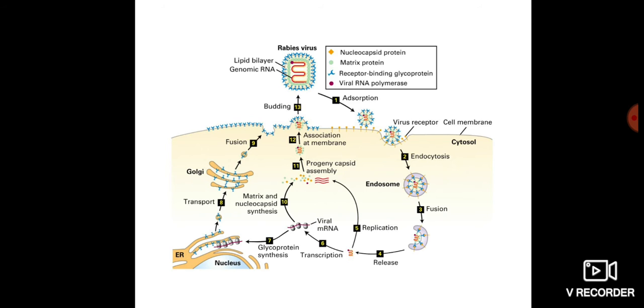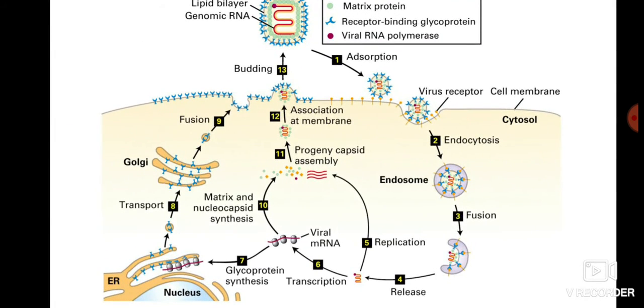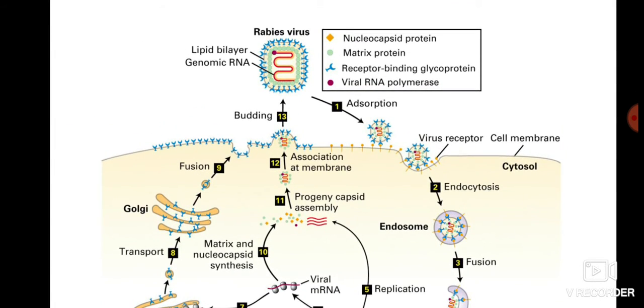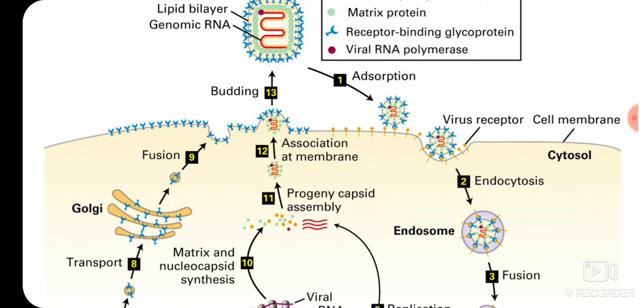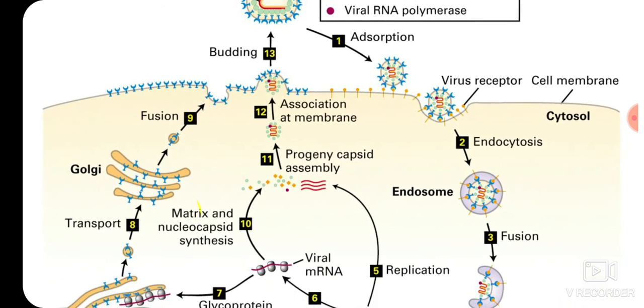So this is how the rabies virus, that is viruses, are going to get endocytosed through receptor mediated endocytosis. This rabies virus is carrying a ligand on its surface, a glycoprotein molecule, which will get recognized by the receptor on the surface of the cells, and then endocytosis will happen.